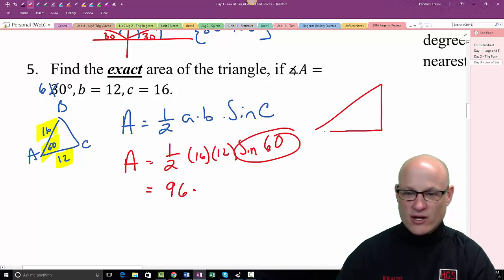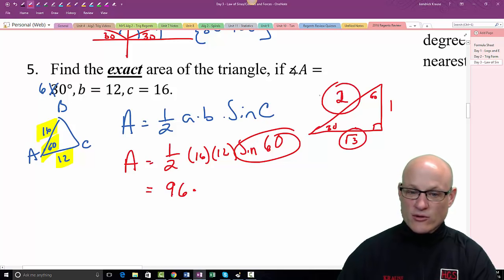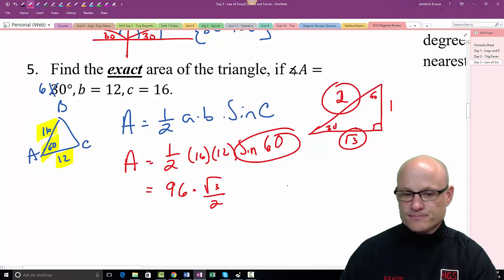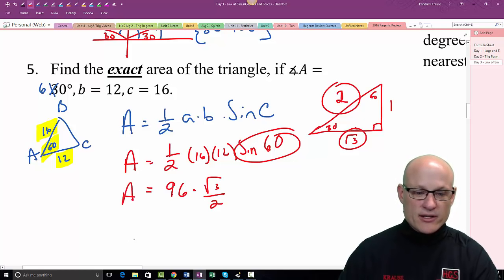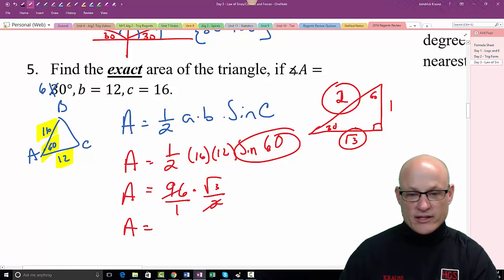You either memorize these 30-60-90 triangles, where this is 1, this is 2, this is 1, and this is the square root of 3, and you memorize that sine of 60 is the square root of 3 over 2, or you just memorize it: square root of 3 over 2. So that's the area, and since this is over 1, 2 goes into 96 48 times, so I end up with 48 square roots of 3.